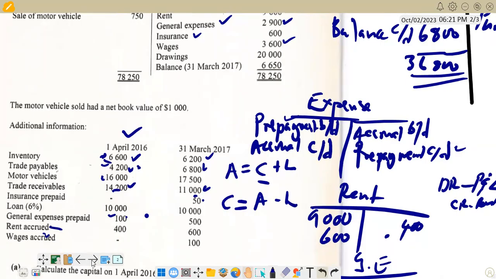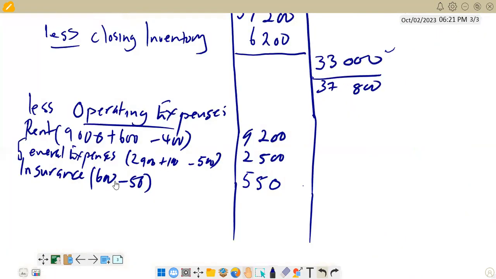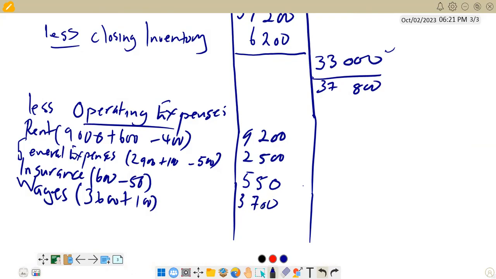So we go back again, and we say here we've got wages, 3,600, and we add the accrual, which is 100. So obviously we get 3,700.